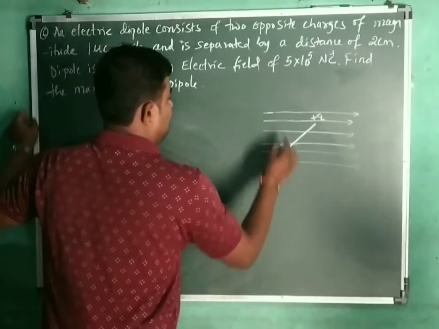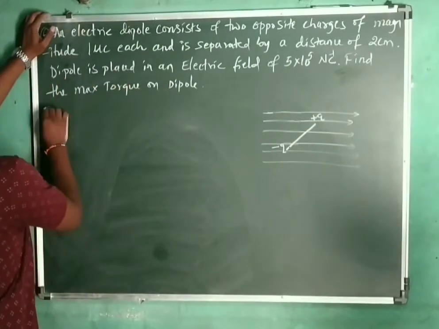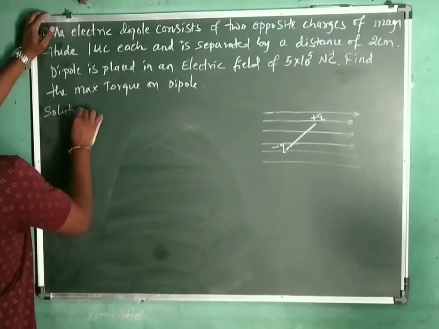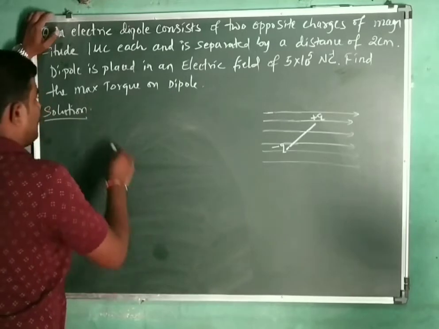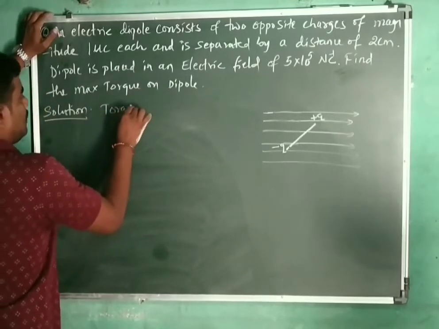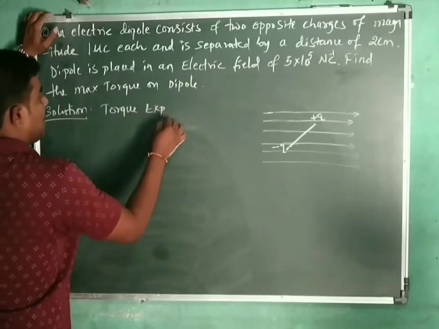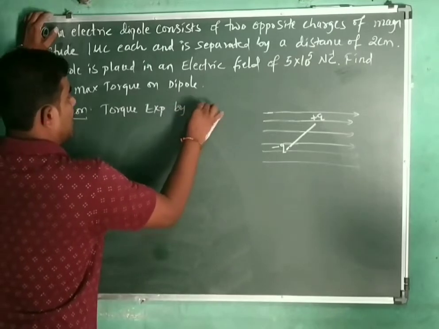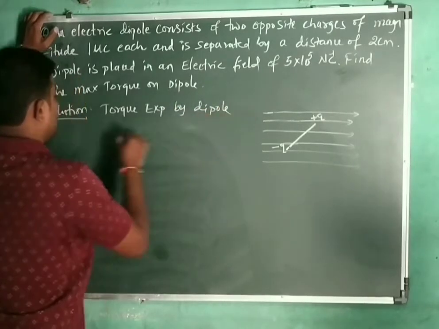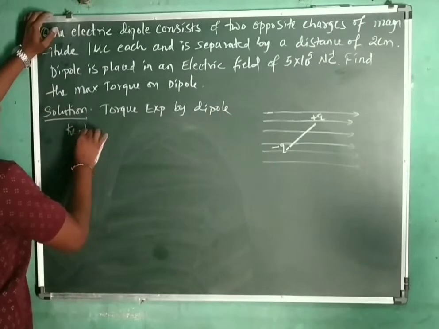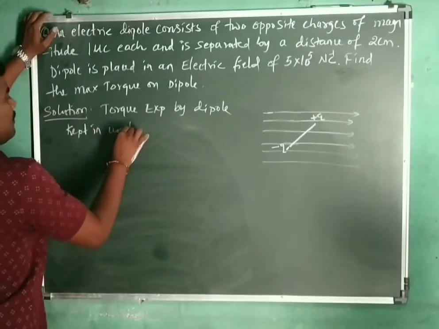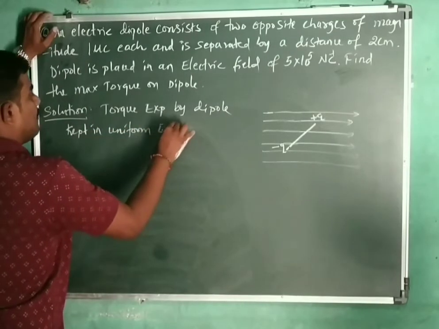Okay, and see, for a solution, the torque formula is, we know, torque experienced by a dipole kept in a uniform electric field.